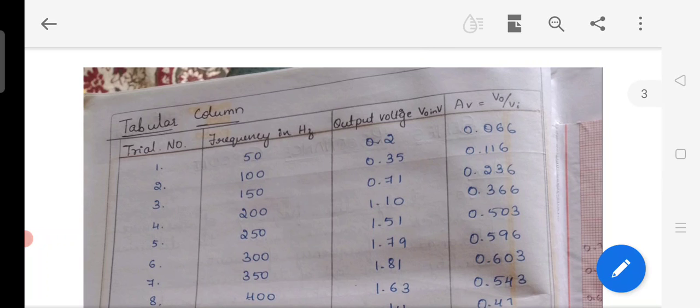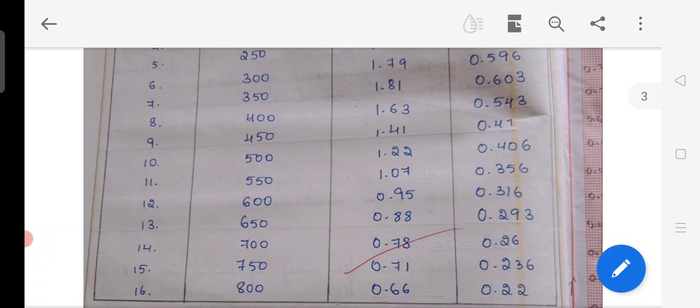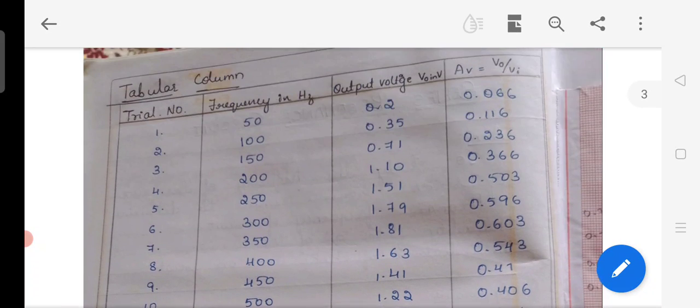But in this experiment, we are going to vary within a certain limit, increasing in terms of 50 or 100 hertz. Right now I am showing values of frequency which are increased by only 50 hertz. 50 to nearly 1000 hertz are going to be varied.